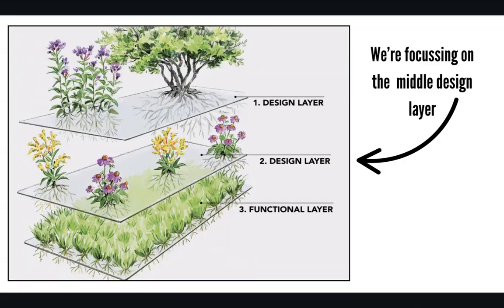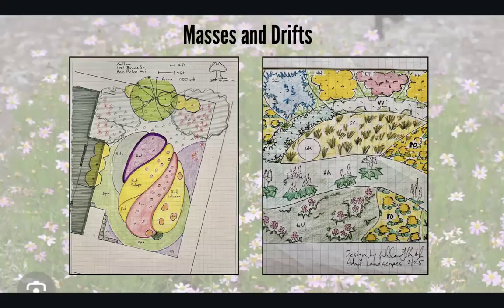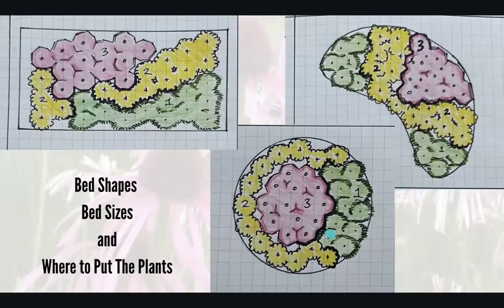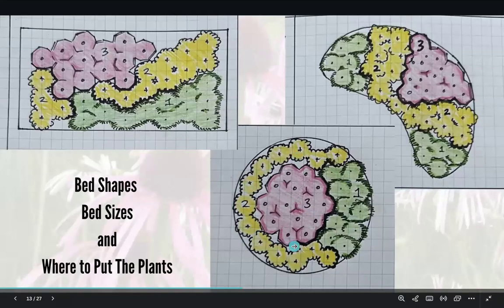So I want to introduce two words that are important for you to think about within the design layer. And this is masses and drifts. Masses are just large clumps of a single species in the design layer. Masses work really well, and you can create a basic garden just using a few species and planting them in large masses next to each other. Our examples back here are all 50 square foot gardens.